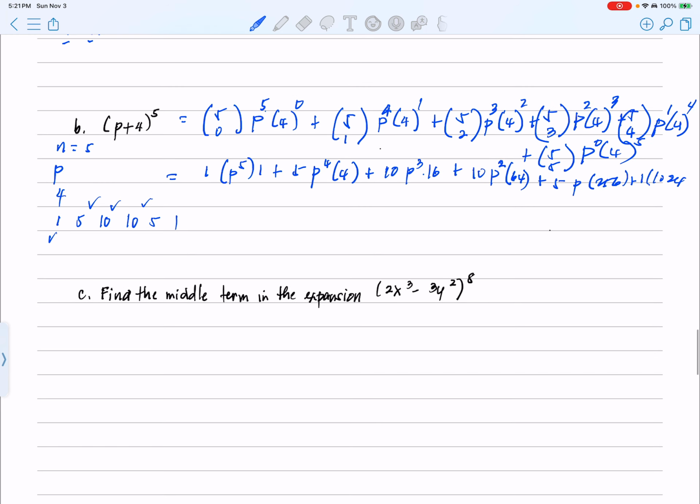Okay, let's finalize the answer. So the first term here is P to the fifth. 5 times 4, that's 20, P to the fourth.